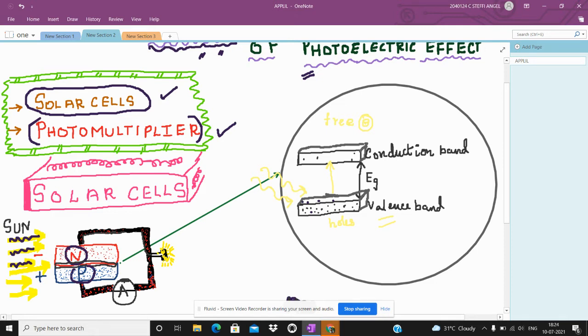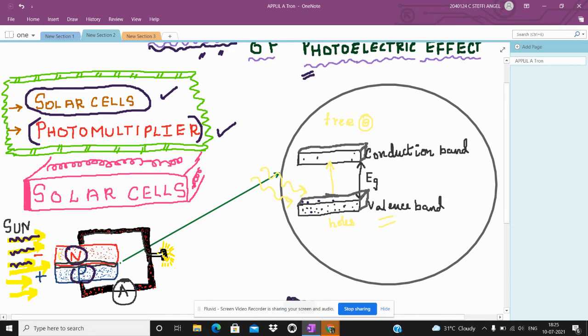The N type naturally contains more electrons, and the P type naturally has more holes. Now, when light strikes, electrons and holes are created. And what happens? The created electrons and holes start moving in such a way that the holes move towards the P side, and the electrons move towards the N side.